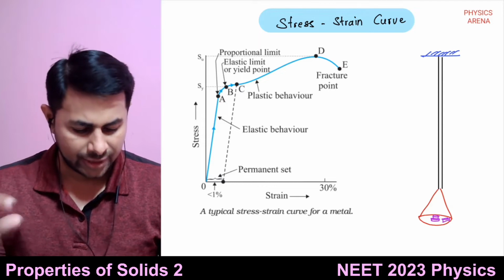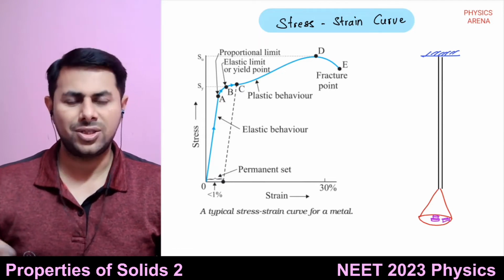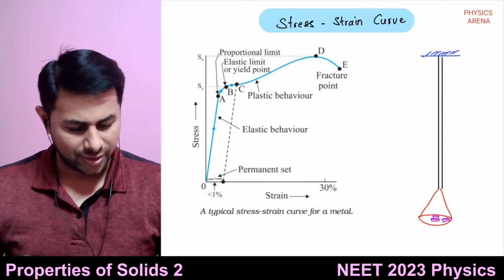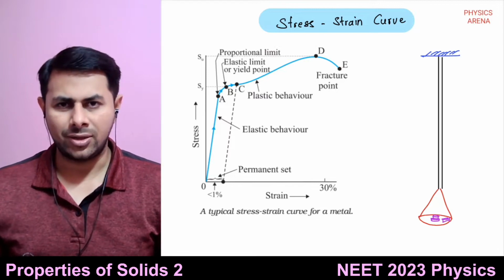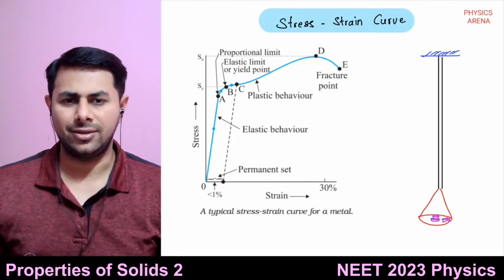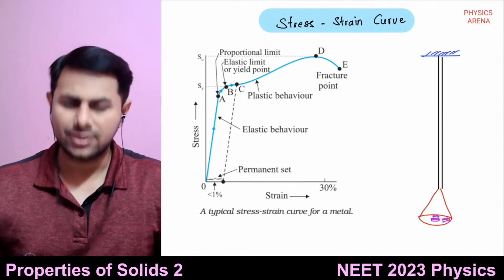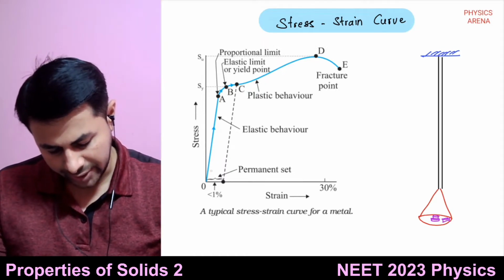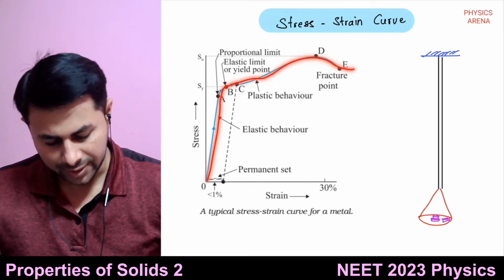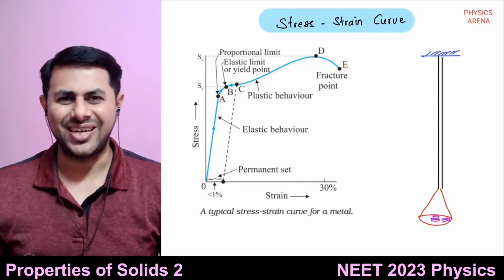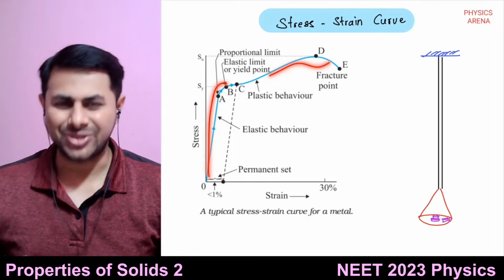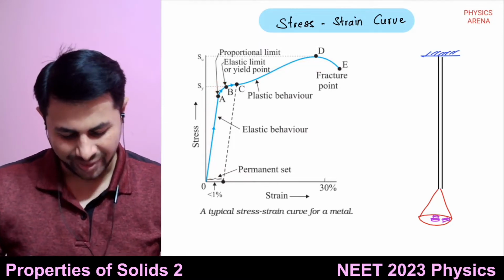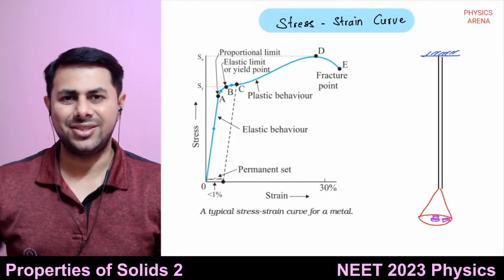We measure that elongation using a micrometer screw gauge, and we plot a curve between stress and strain. That is the stress-strain curve. It looks like this for most of the metals, and we want to understand this curve.